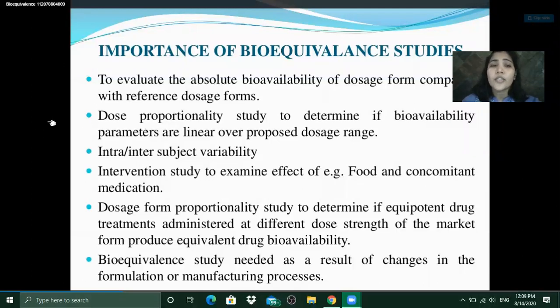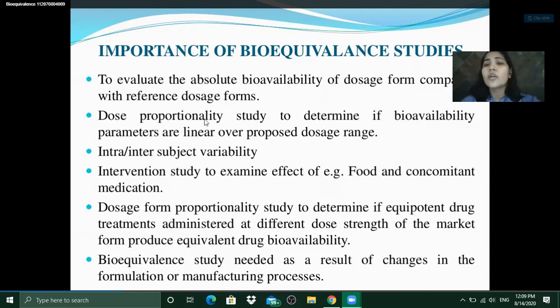Then dose proportionality studies, to determine if bioavailability parameters are linear over the proposed dosage range. Dose proportionality studies are basically done when you have multiple dosages, or two dosages, like when you have a treatment for a longer period of time.